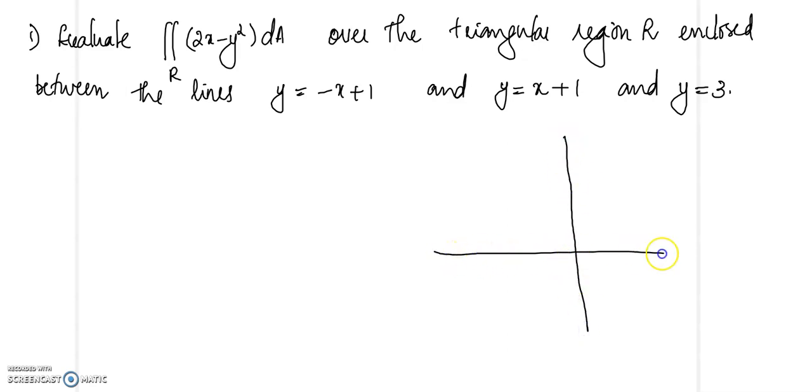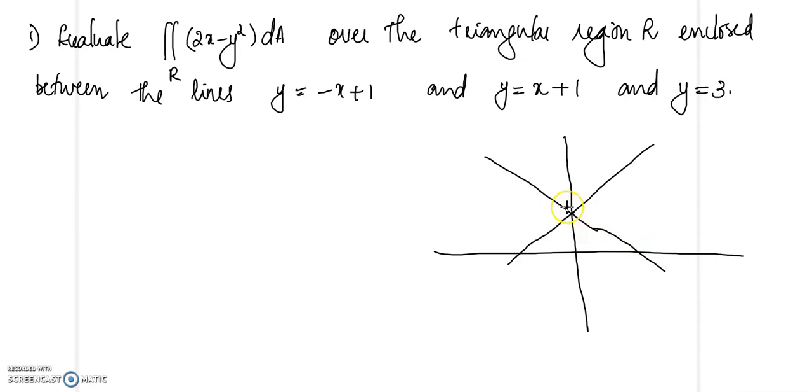So we will be obtaining the region in this form. So this will be the line x plus y equal to 1. Then you have the line y equal to x plus 1.